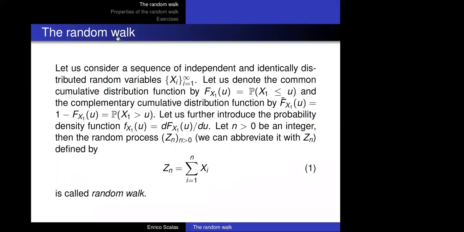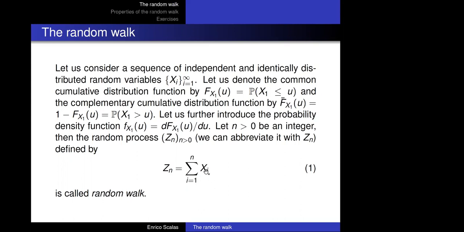Yes, so why is it called a random walk? It is called a random walk for this reason. If you start at 0 for n equal to 0, then you wait until n equal to 1, and then you jump to x1.